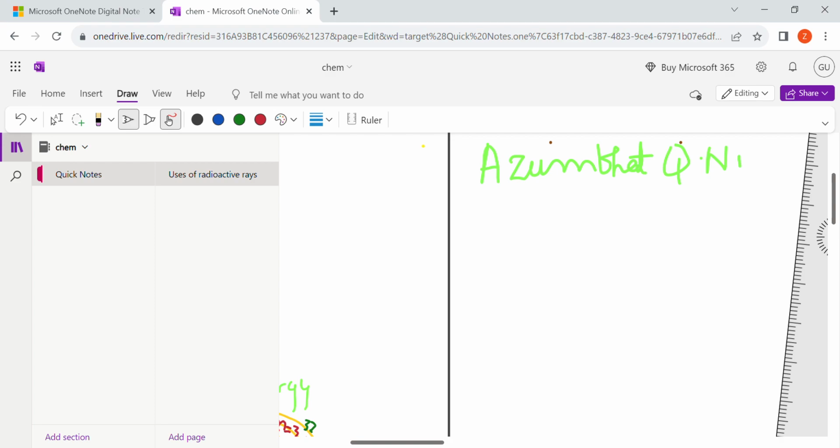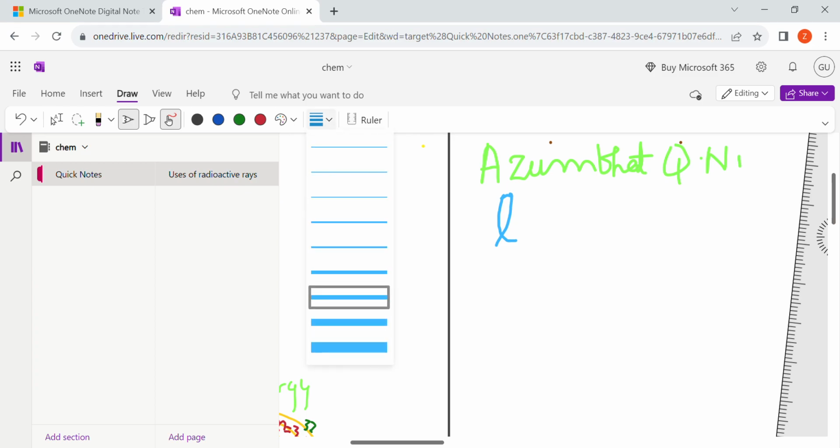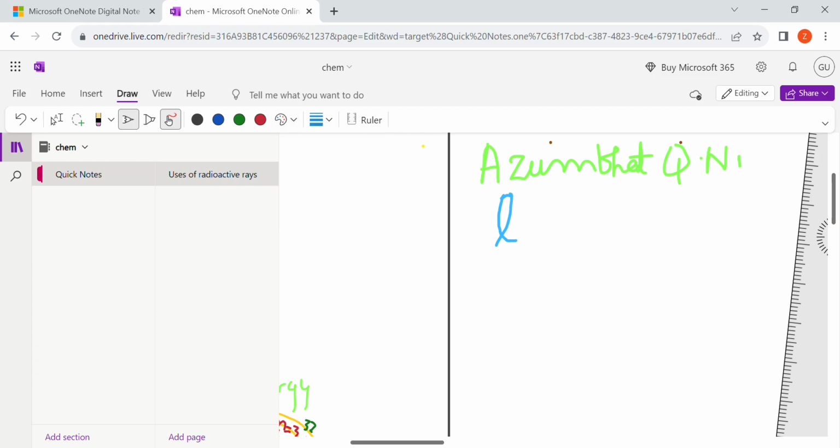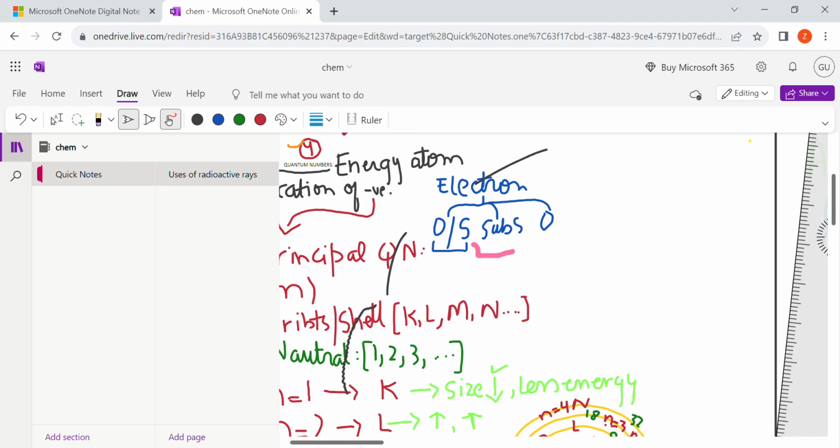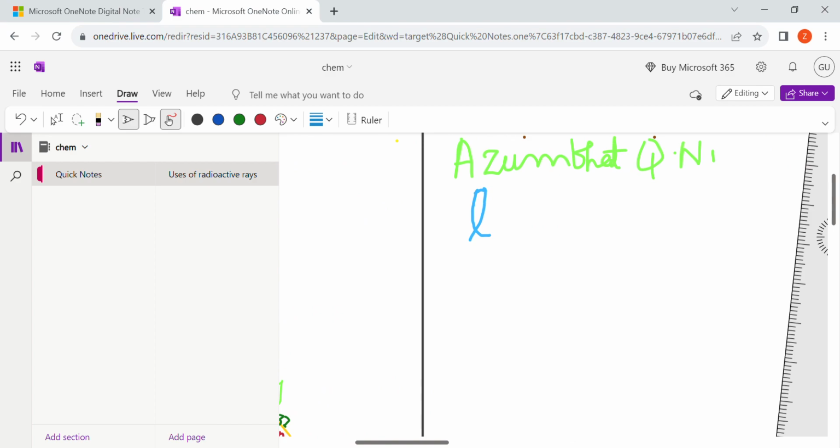Okay, in the principal quantum numbers we discussed that it is denoted by n, but here these quantum numbers are denoted by L. I told you that the principal quantum number refers to orbits and shells, but the azimuthal quantum number refers to the subshells.